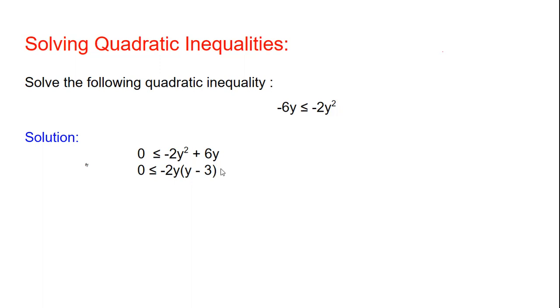Okay, and you divide both sides by minus 2. You're going to have 0 being greater than or equal to y into y minus 3. Notice that the sign changes when you divide by negative.